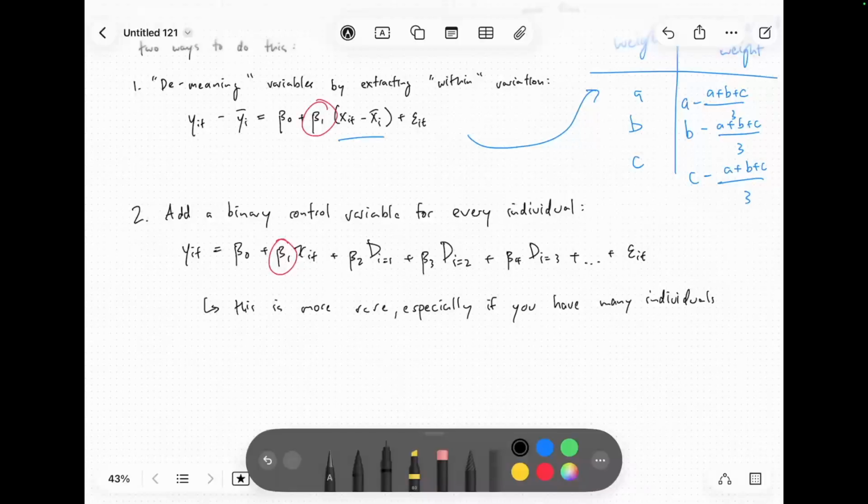The thing that we really care about at the end of the day is the causal mechanism, and that's what we're trying to identify. And so oftentimes the first approach is cleaner because you don't have all these other variables that you need to deal with. Okay? Questions? Okay.